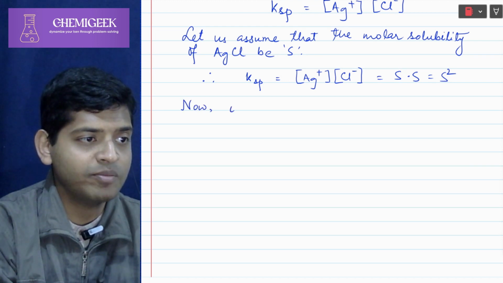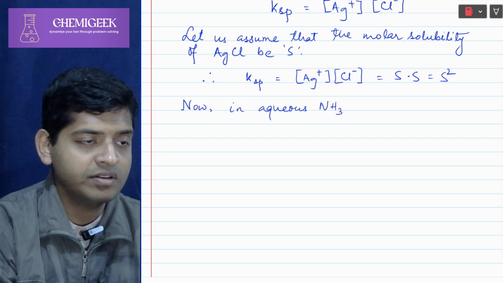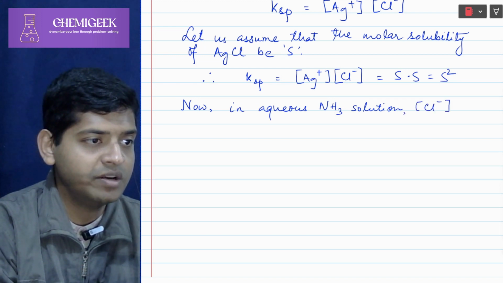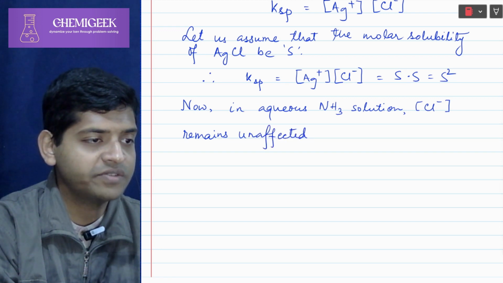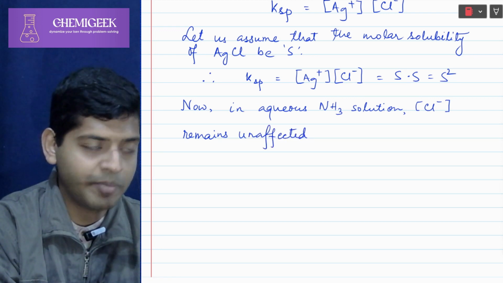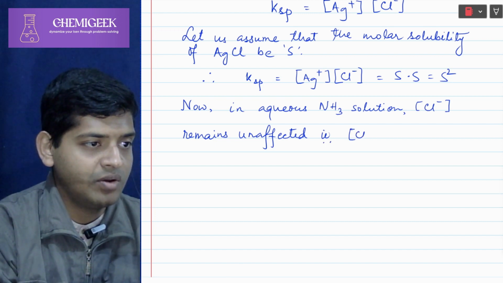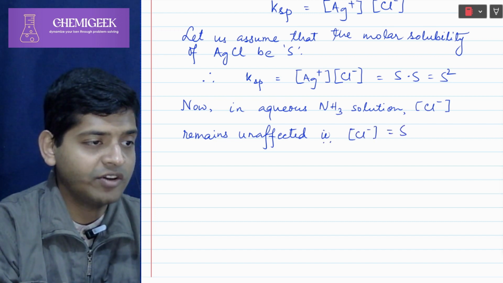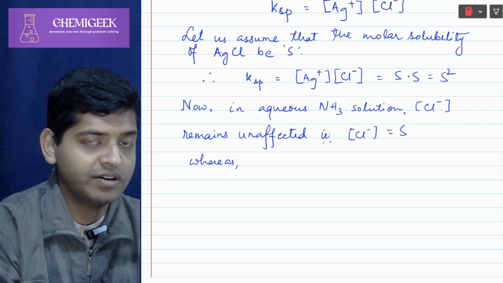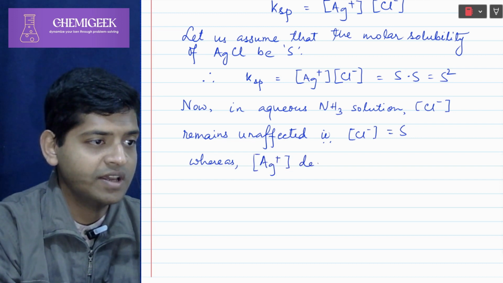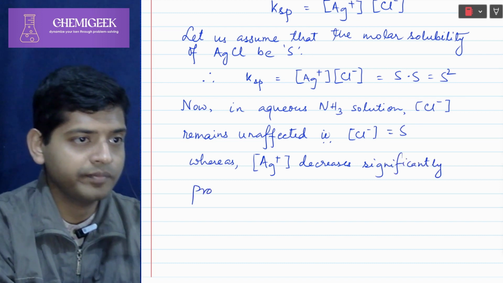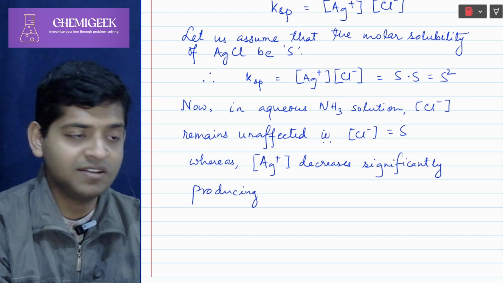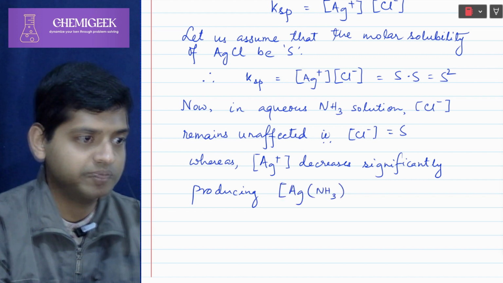Now, in aqueous ammonia solution, the concentration of chloride ion remains unaffected. That is, the concentration of chloride ion is equal to capital S. Whereas if we compare this with the silver ion concentration, this decreases significantly, producing silver amine complex.